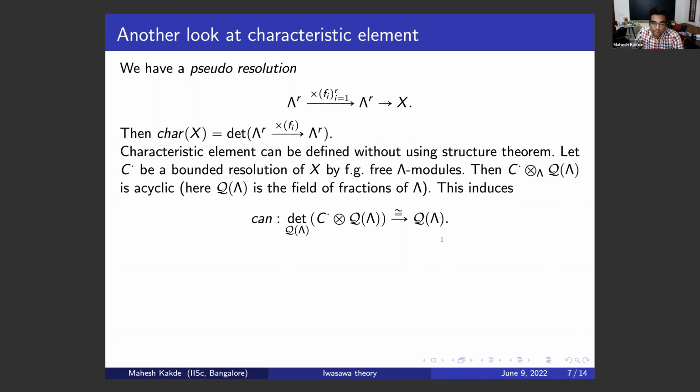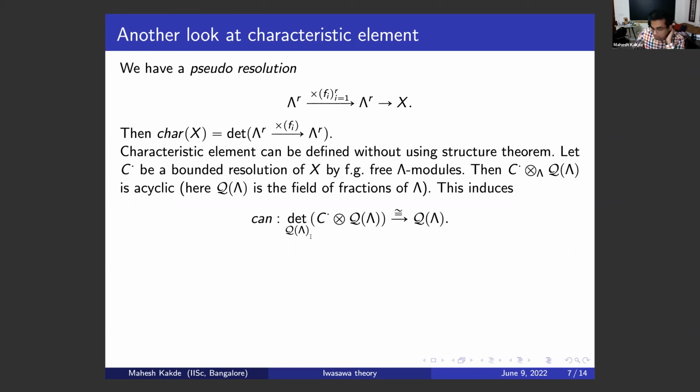I'm going to be vague here about what notion of determinant this is over Q Lambda. I'm using the Mumford-Knudsen definition of determinant, if you like. Later on, I may write determinants over non-commutative rings as well.